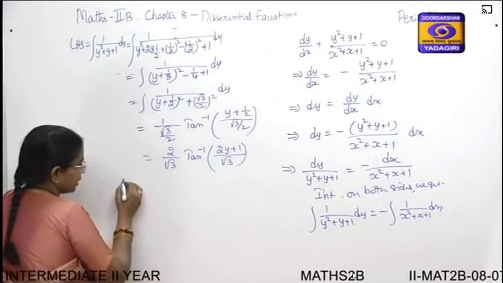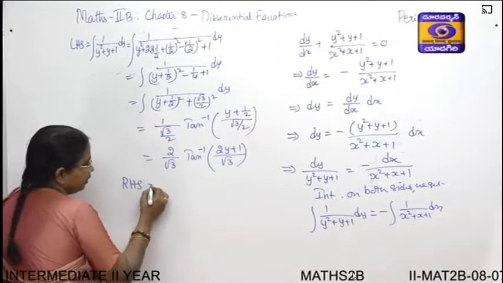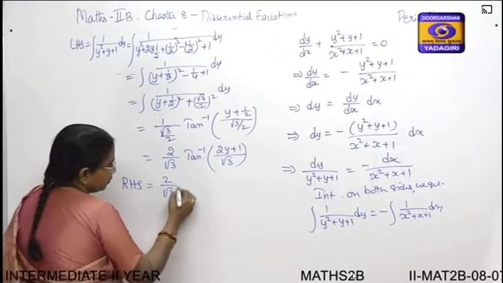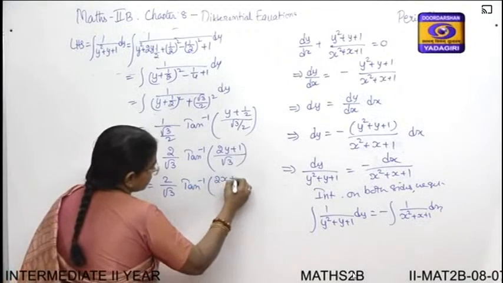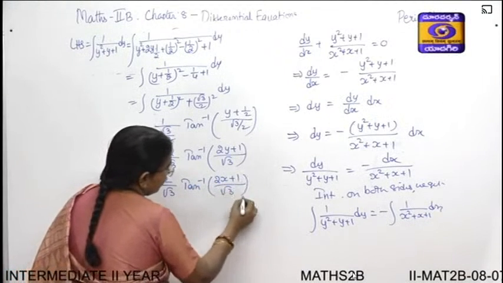So similarly, the right side is also equal to 2 by root 3 into tan inverse of, instead of y you write x, 2x plus 1 by root 3.